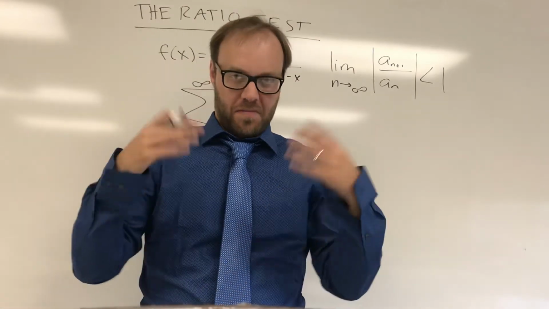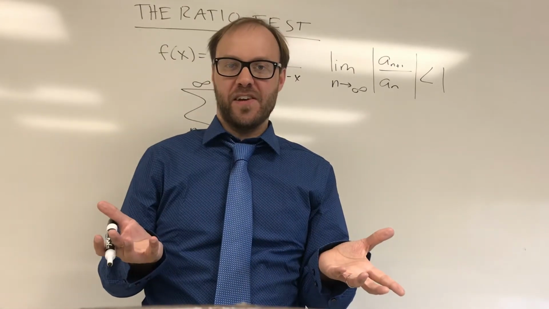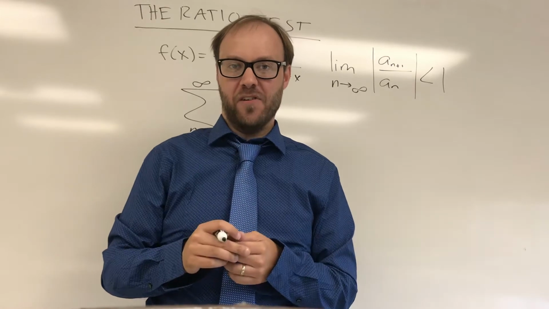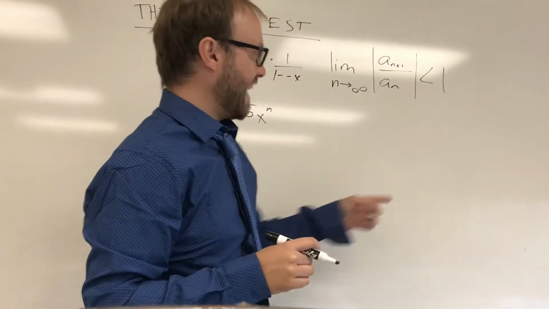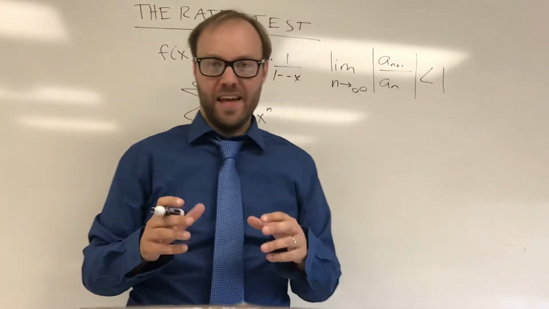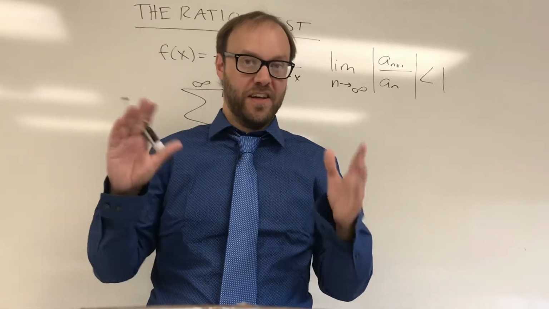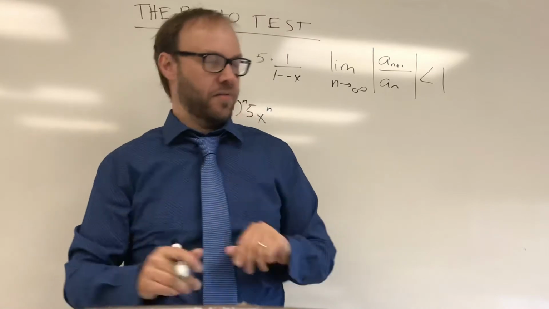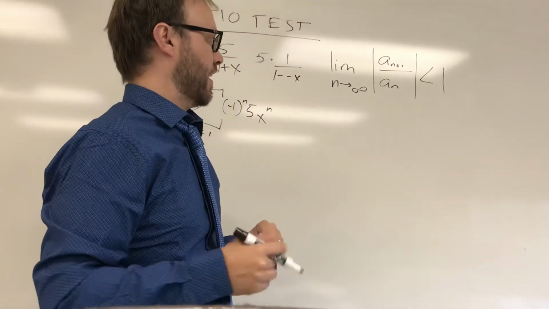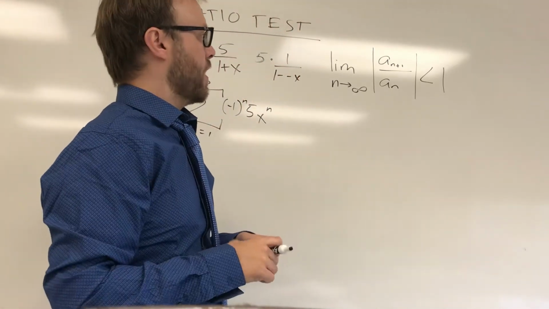Then basically it's going to behave like a geometric series as we go farther out, and it's going to converge. If that ratio is not less than 1, then it's going to be a divergent series. If it's equal to 1, it's actually unclear, and that's something we're not going to deal with in this course. But anyway, if it's greater than 1, it's going to diverge.